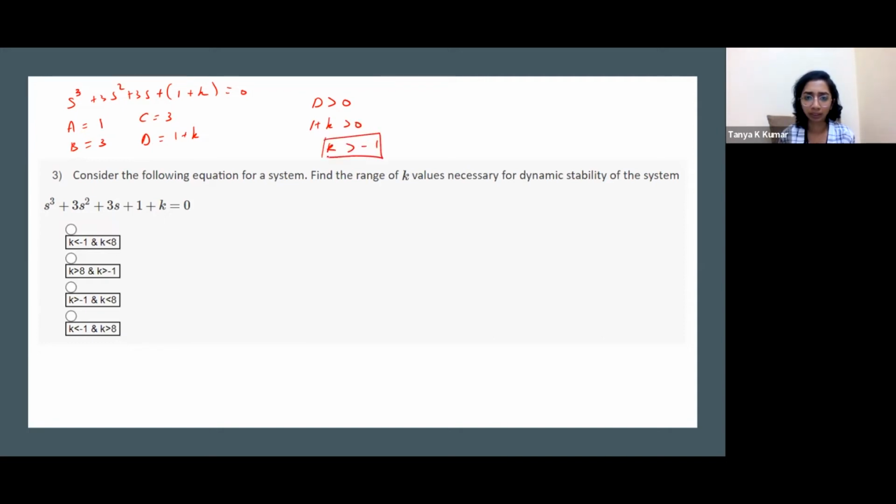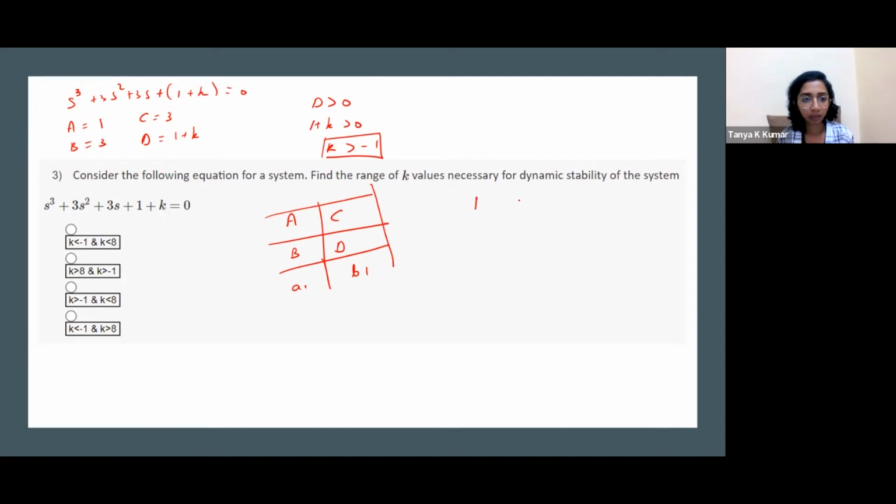That is one condition. Next condition is from the Routh table. So you make the Routh table. How do you make the Routh table? You write A, B, C, D, and then you have, let's say, A1, B1, and so on. This is for a third order equation. So let's make this table with the actual values.